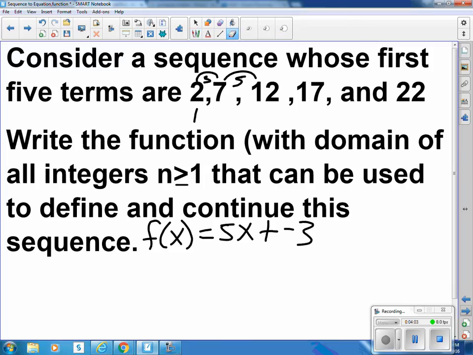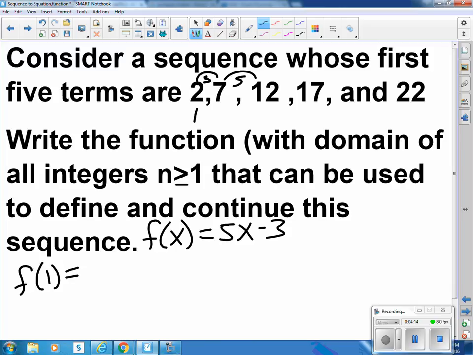A cleaner way to write that would be just subtract 3. Adding a negative is the same as subtracting. Or I could write, well, f of 1 equals 2, and f of n equals f of n minus 1 plus 5.